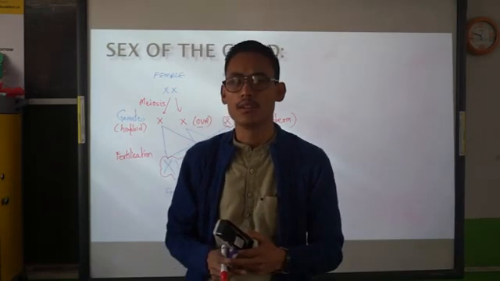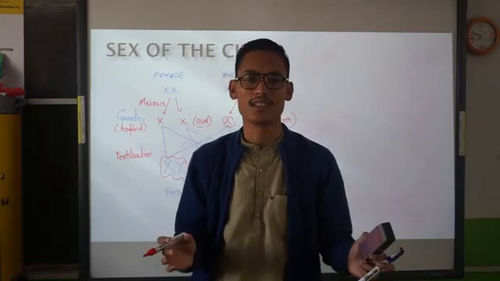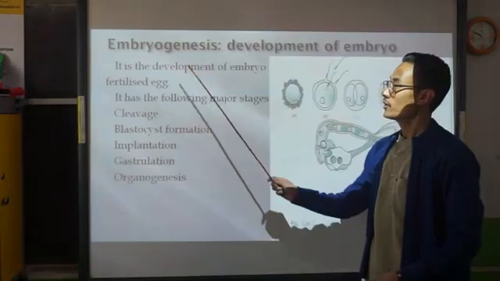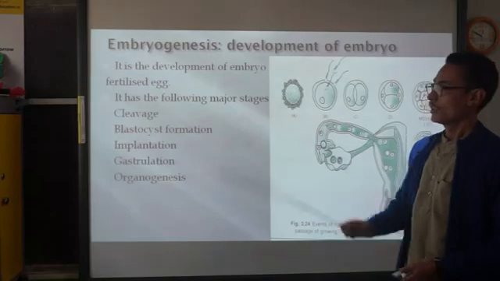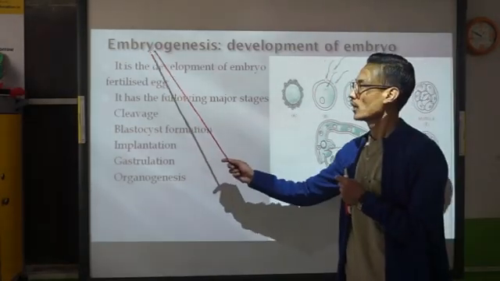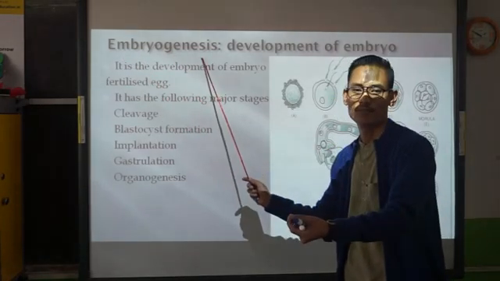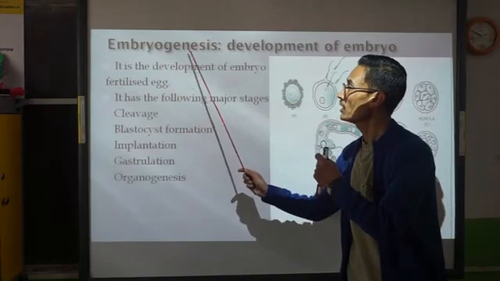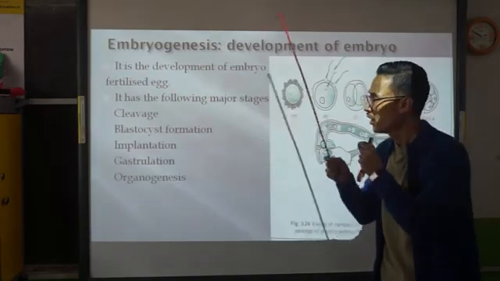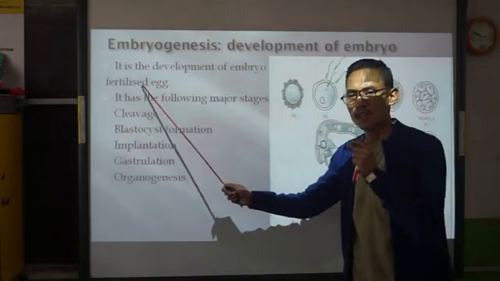So now we will discuss the topic embryogenesis. What is embryogenesis? Embryogenesis means development of the embryo. So you can see over here, embryogenesis means formation. Clear? So embryogenesis is the process of formation of embryo from a fertilized egg.